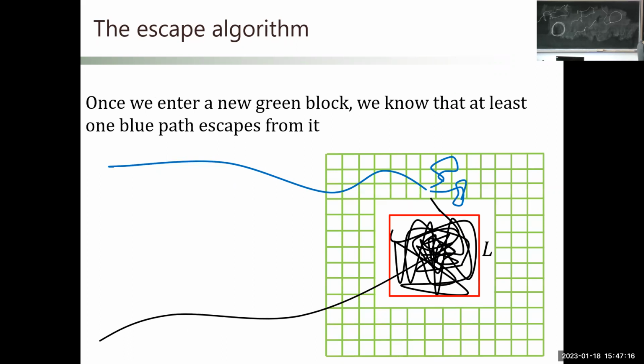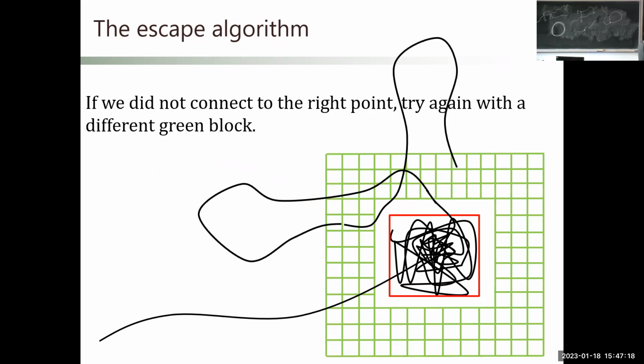And if it doesn't work, you keep doing it again and again. That's the idea. So what it shows is that before creating a mess of, let's say, twice the size, you will be able to escape to a distance of 10, like much farther. Are there any questions about the escape algorithm?